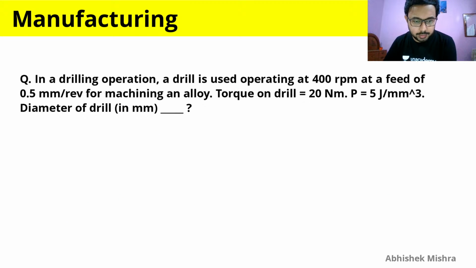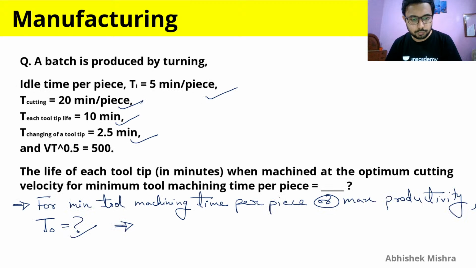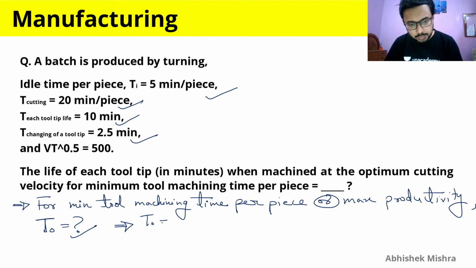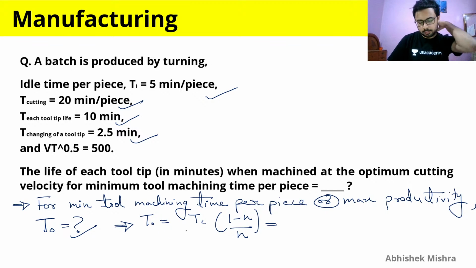And we know that T naught is equal to tool changing time times (1 minus n) by n, and here TC is not the cutting time, it is the time of changing of a tool tip.